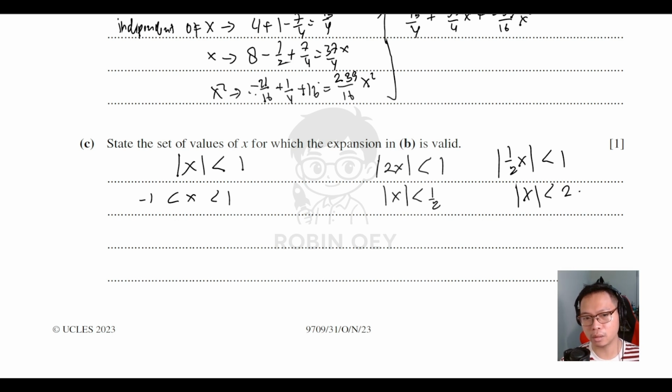Since it must be between -1 and 1, the final answer would be this. We just ignore the other. Okay, that's it for this number.